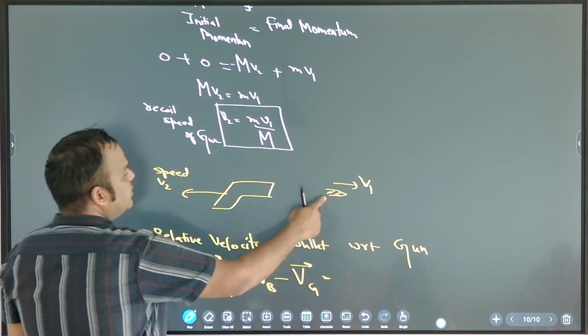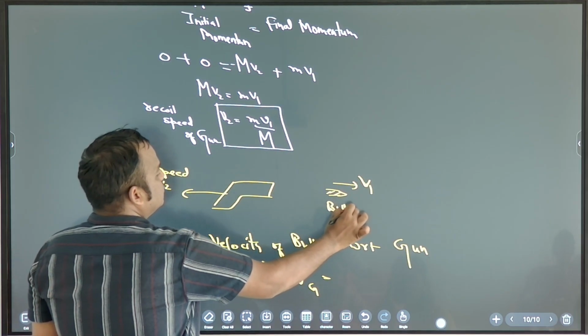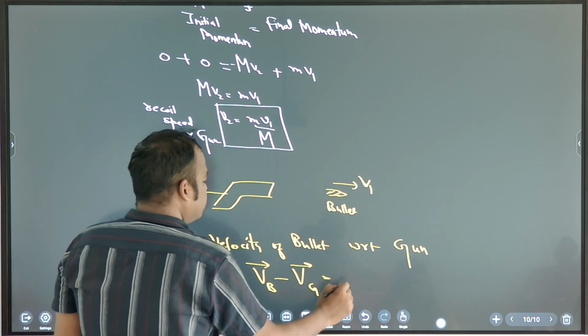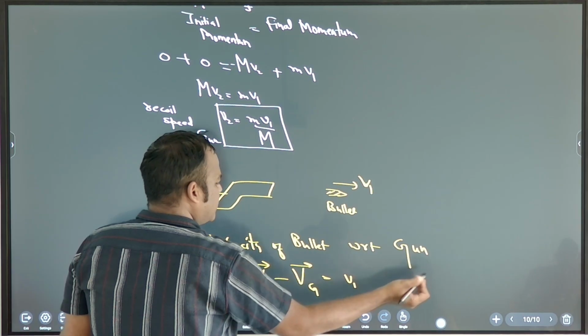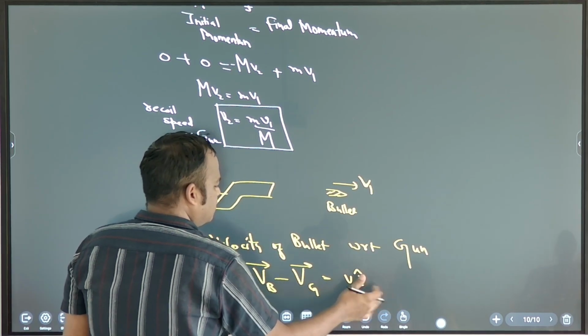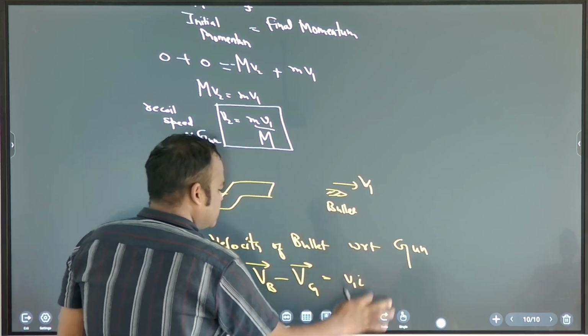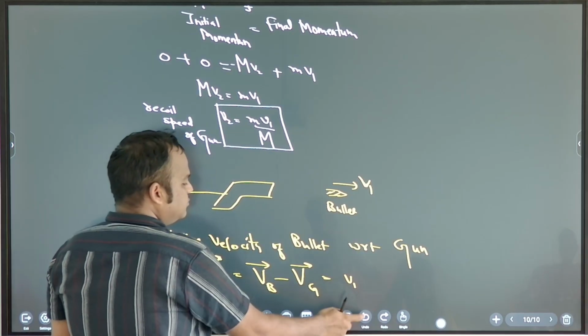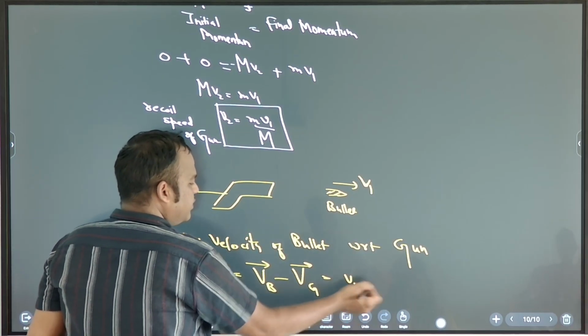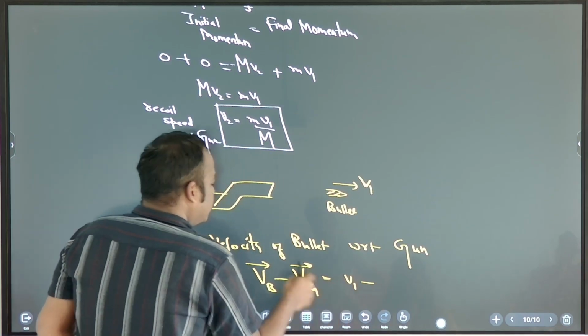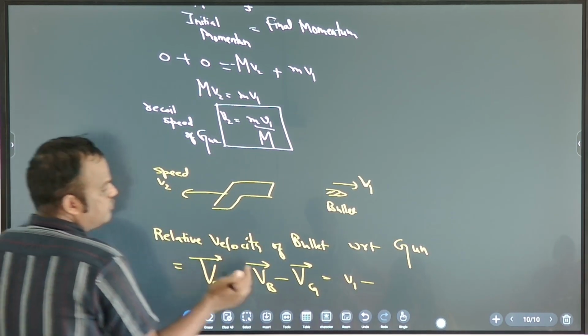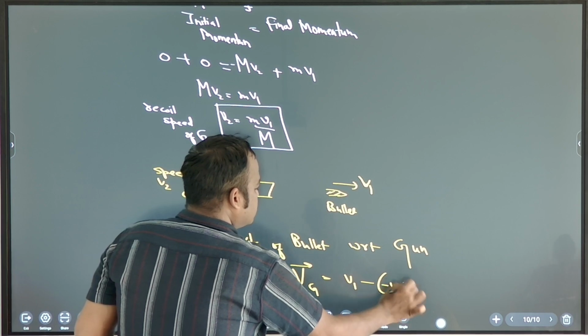And what is Vb? Bullet is V1. You can say I cap also, but I don't want to make it complicated, so let's use plus and minus. So Vb is V1, and what is Vg? Minus V2. Very good.